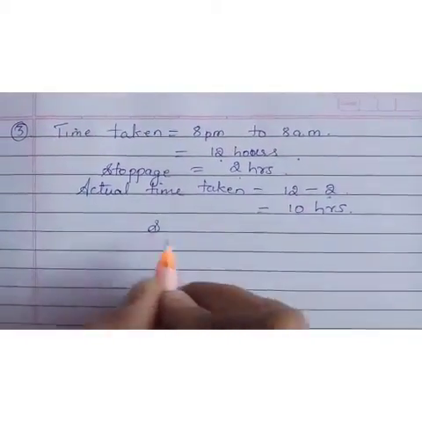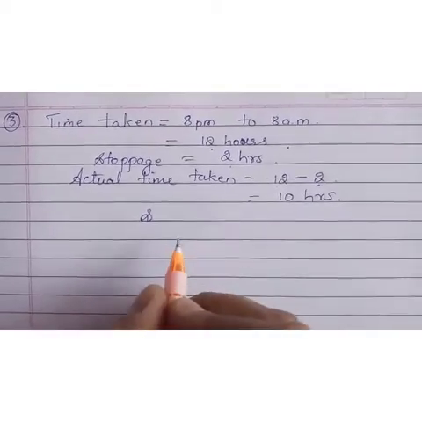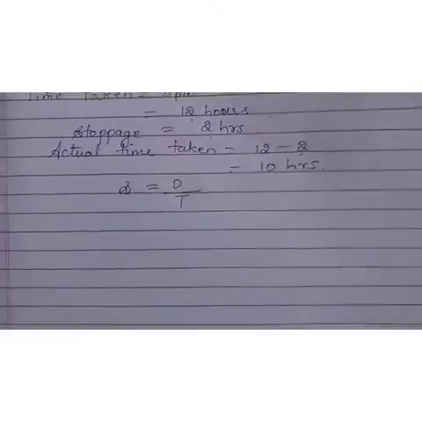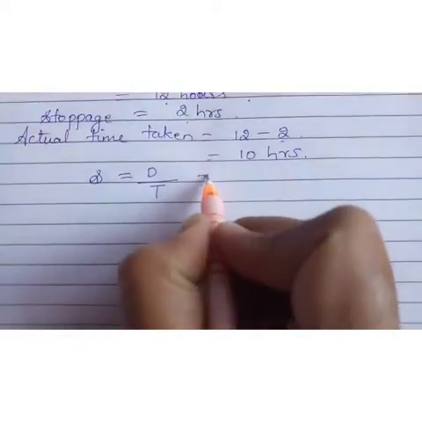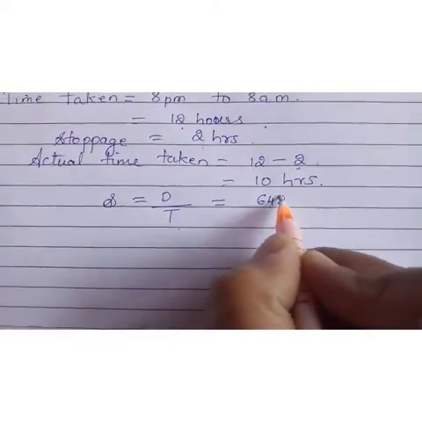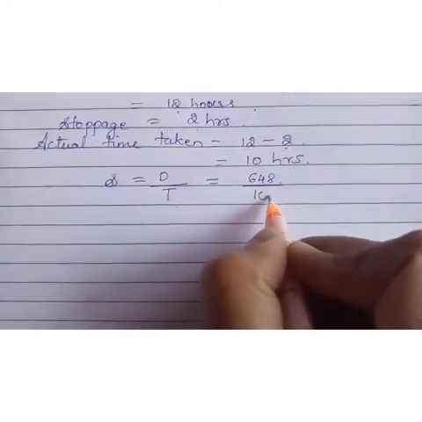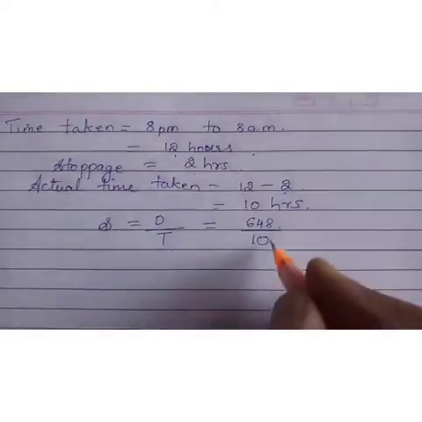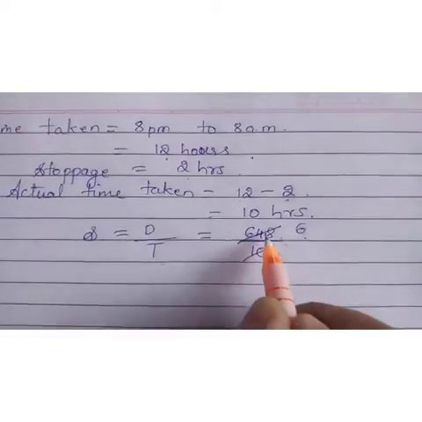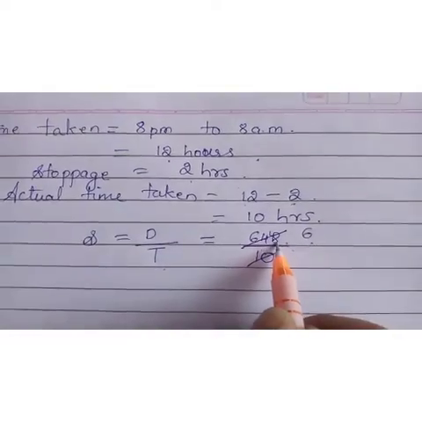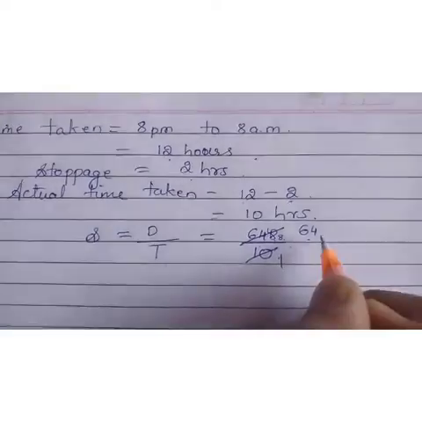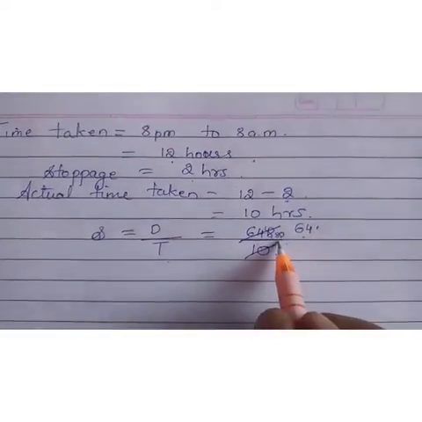Now find speed. What is the formula, children, for speed? Speed is equal to distance travelled upon time taken. Write it in full form. Now distance is how much? It is 648 kilometers and time taken is 10 hours. 10 ones are 10, 10 6s are 60, 4 is remainder, it becomes 48. 10 4s are 40, 8 will remain, put a point, give 0, it becomes 80.